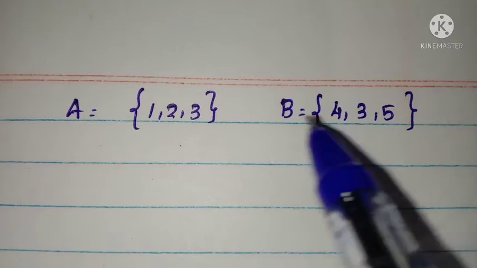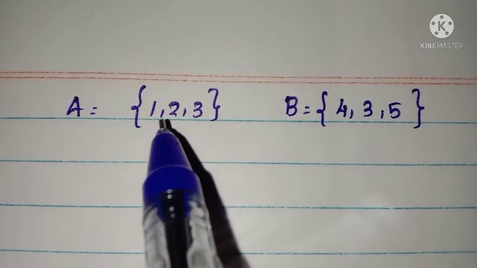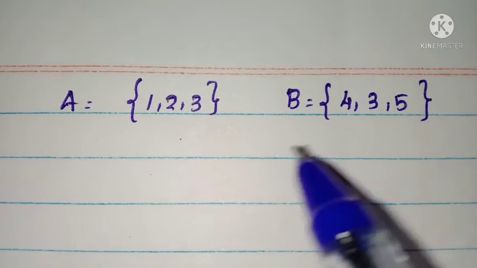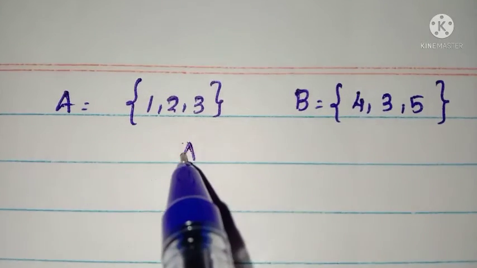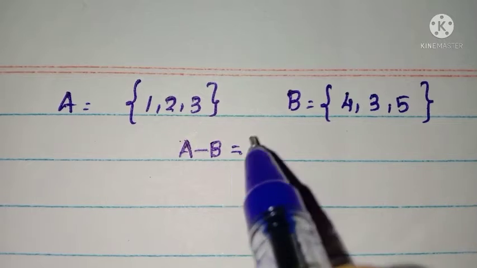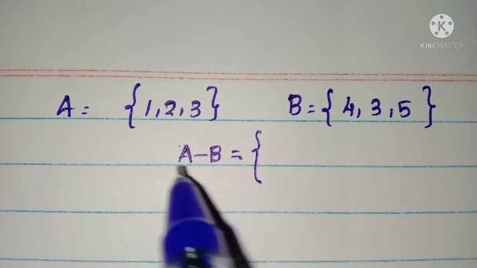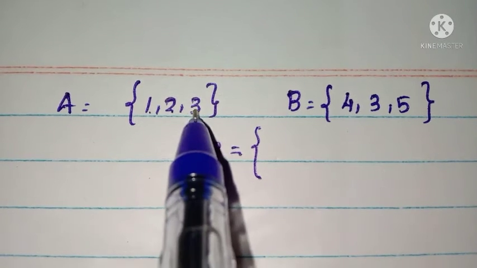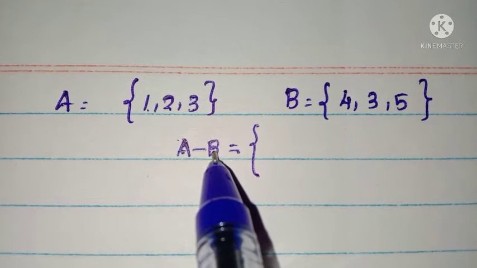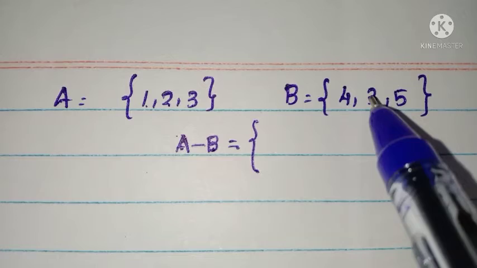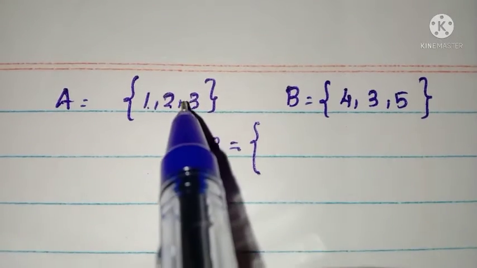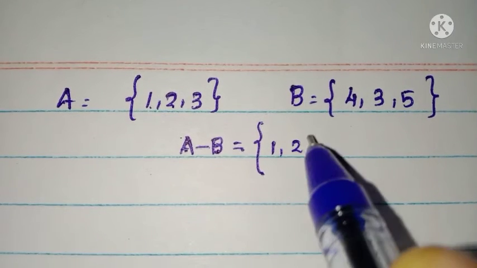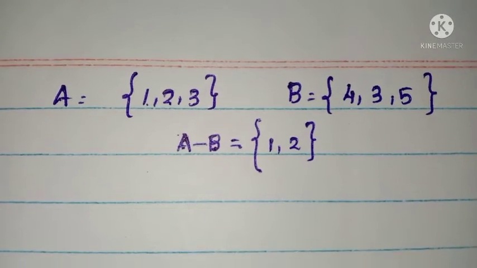Now see these sets. A is equal to the set {1, 2, 3} and B is equal to the set {4, 3, 5}. Now what is A minus B? Listen, from the set A, that is {1, 2, 3}, we want to eliminate the elements in B. Here 3 belongs to B, so cut this element 3 and write down the elements 1 and 2 only.